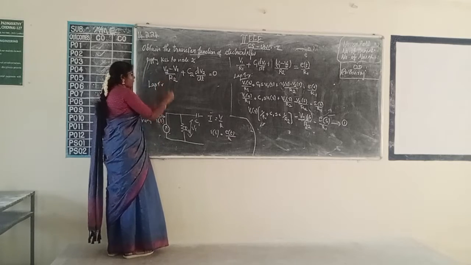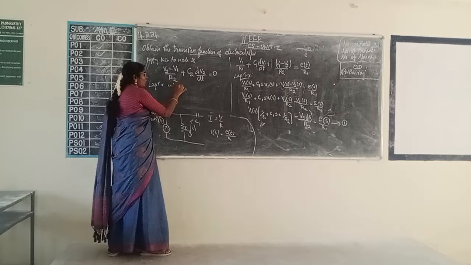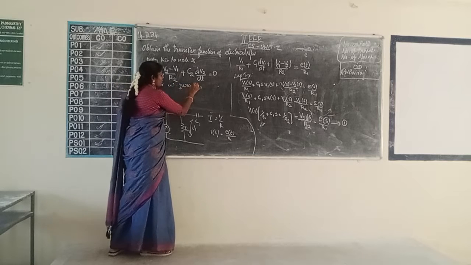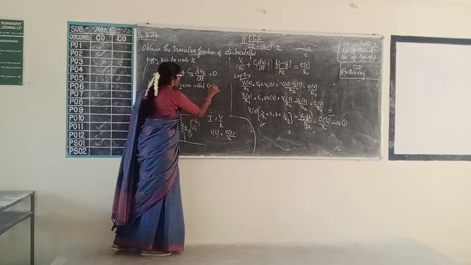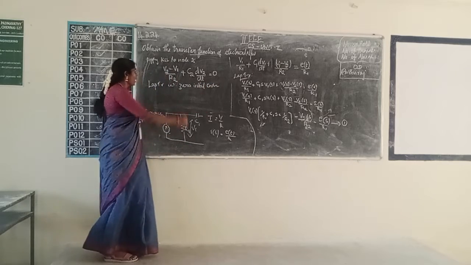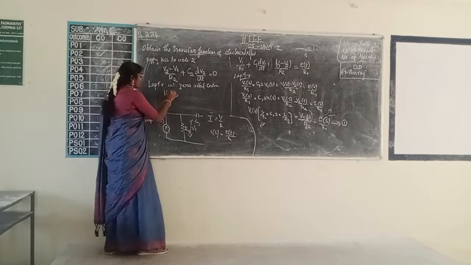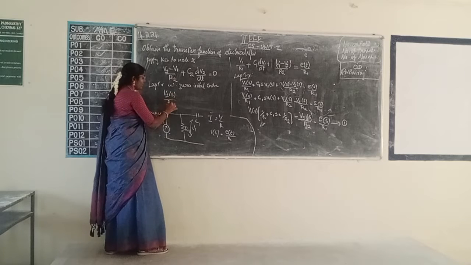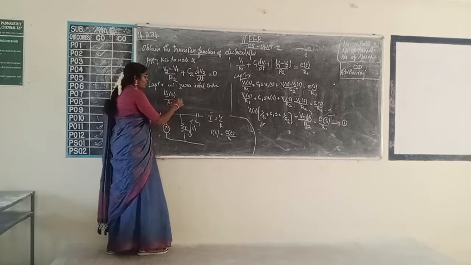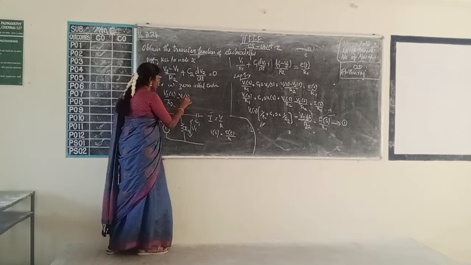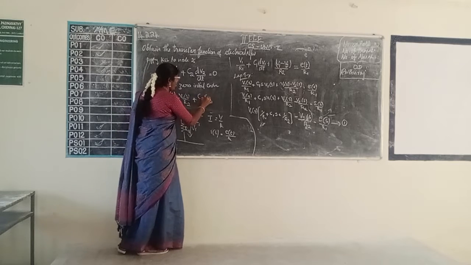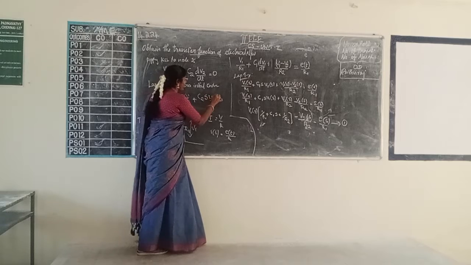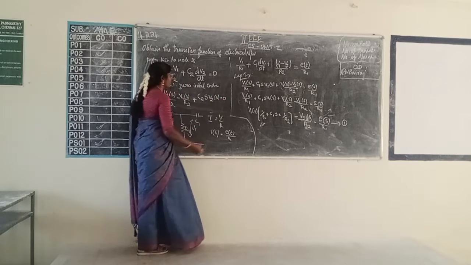Okay, from here, what we have to do? We have to take the Laplace transform with 0 initial condition. Okay, and now what happens? It will become V2 of s by R2 minus V1 of s by R2 plus C2 into s into V2 of s is equal to 0.